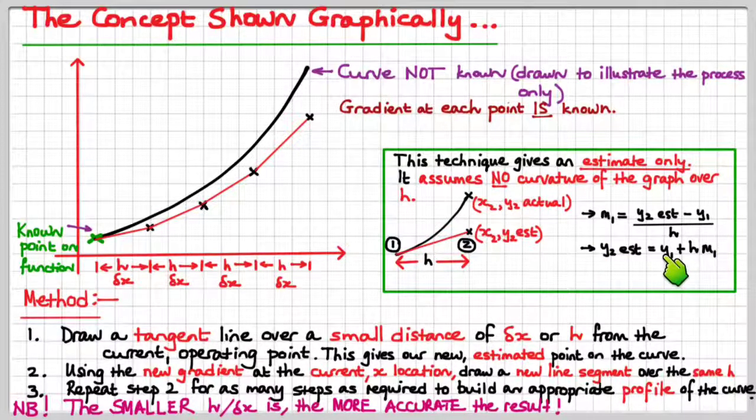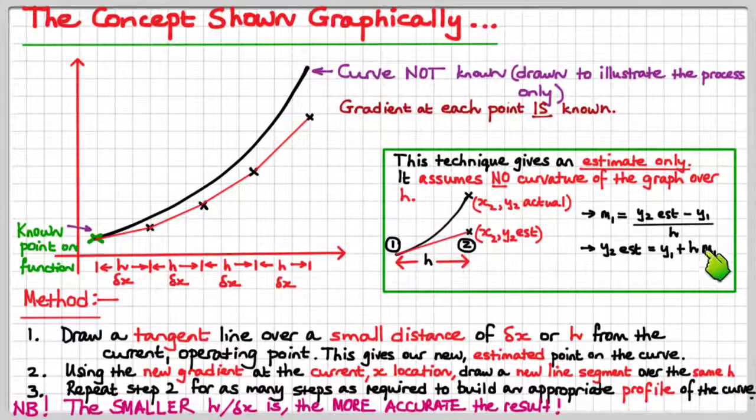Take the value at y1, which, when we're starting off, is the one value that we do know on the original curve. It's given to us. Then you add the small increment of x, or delta x, or h, times the gradient at point 1, which you can work out from the formula, okay?